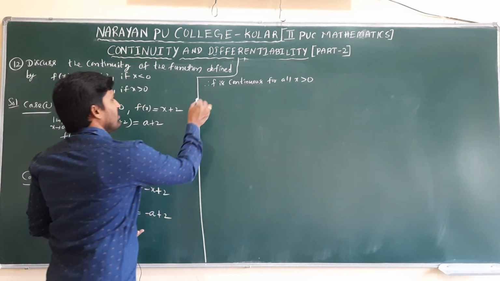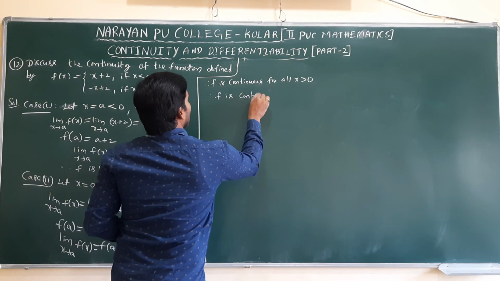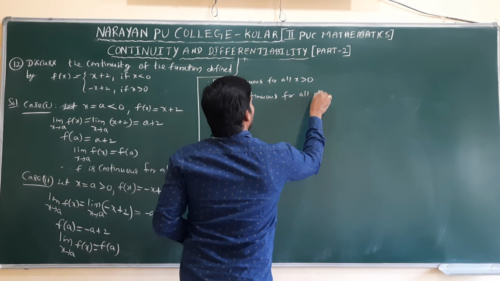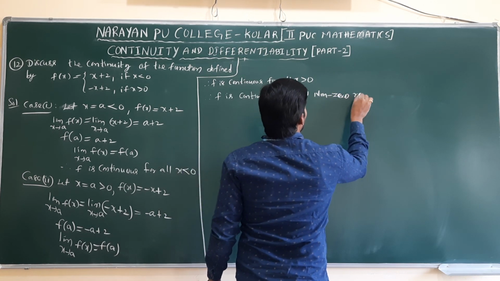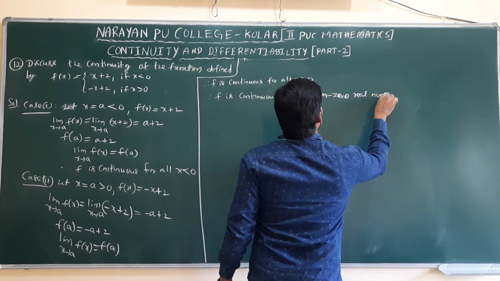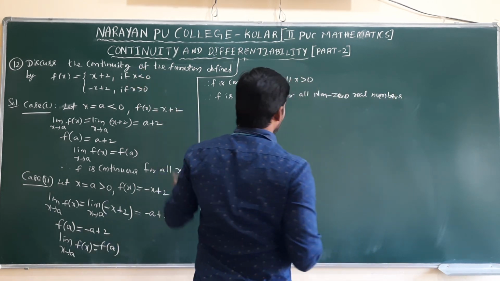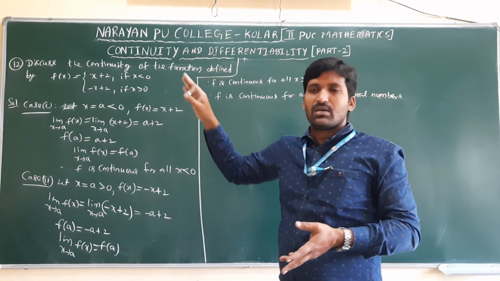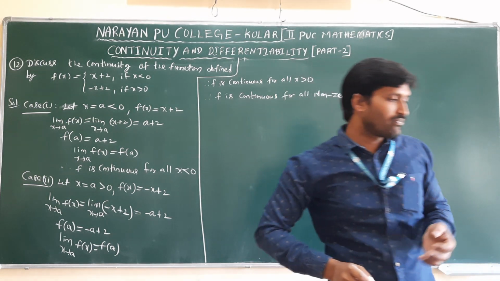Therefore f is continuous for all non-zero real numbers. At 0 no condition is given, so there is no need to check at 0 because it is not defined at 0. It is only defined at less than 0 and greater than 0.